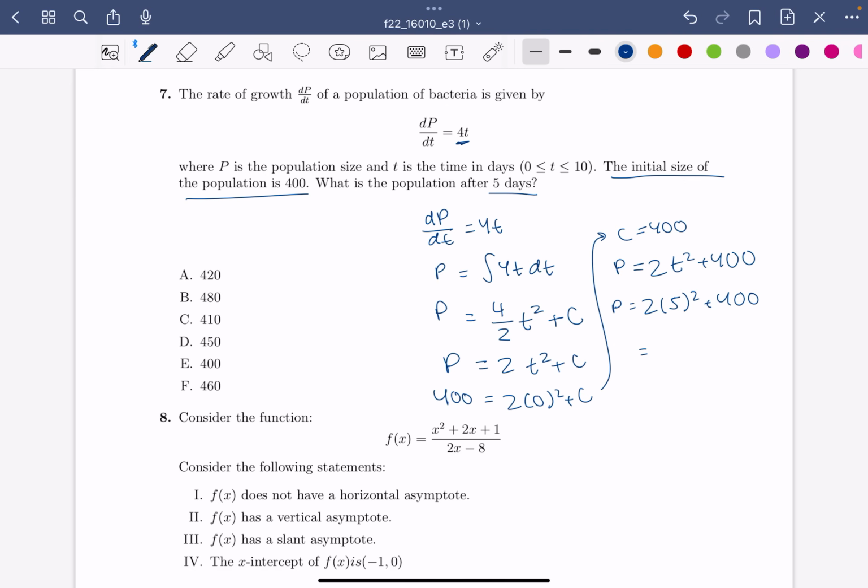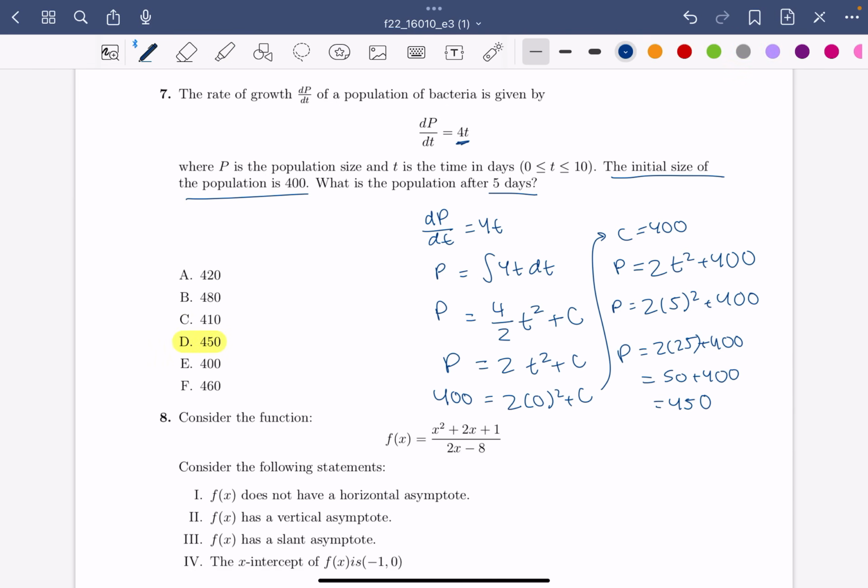So if I fix this, we get p equals 2 times 5 squared plus 400. So 2 times 25 plus 400 equals 50 plus 400, or 450. So that means our population after 5 days is D, 450.